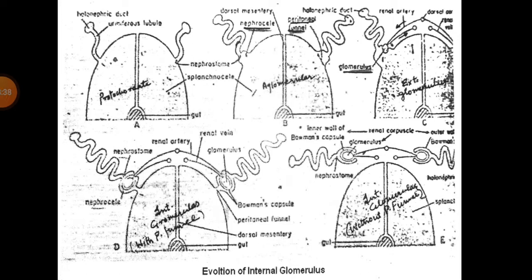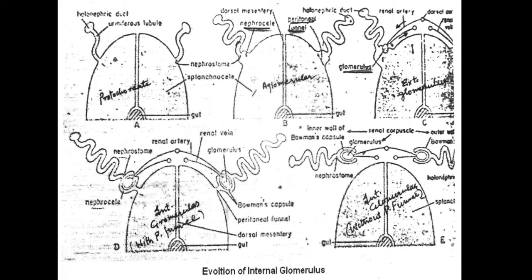This diagram gives you the stages in the evolution of the glomerulus. At last we have the external nephric tubules, which have no relation with the splanchnocoel of the animal.